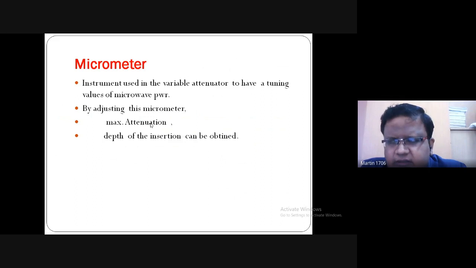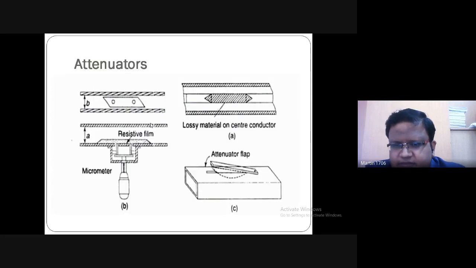It is like a vernier caliper setup. It can be tuned in terms of millimeters or centimeters, and it may be analog or digital. Based on the maximum attenuation and the depth of insertion, the micrometer can be adjusted with the variable attenuator. This is called the variable attenuator.